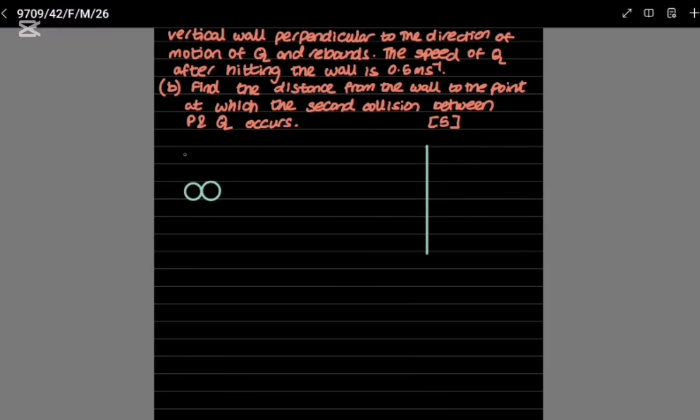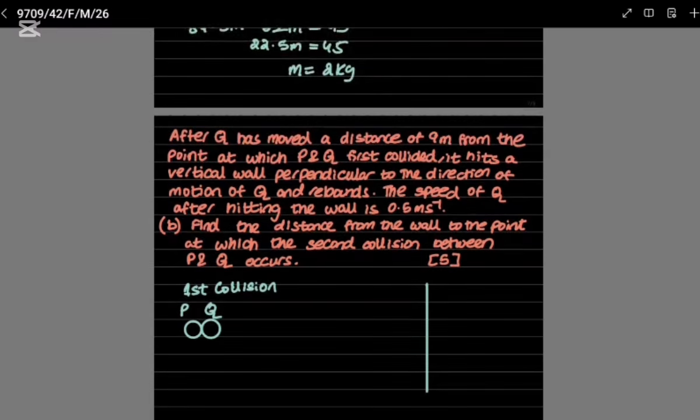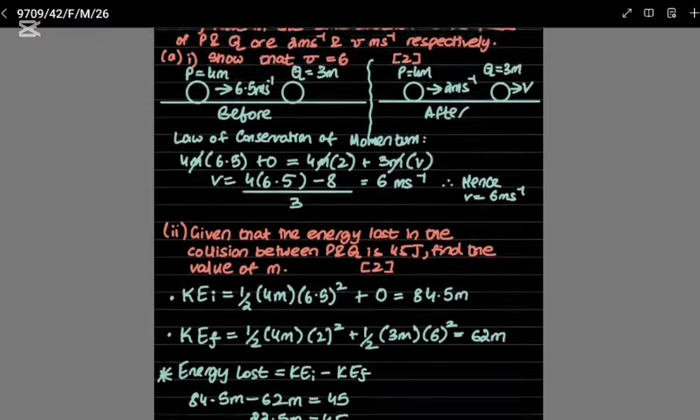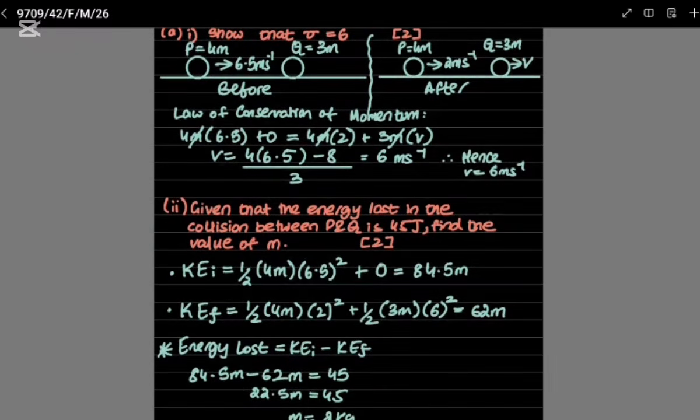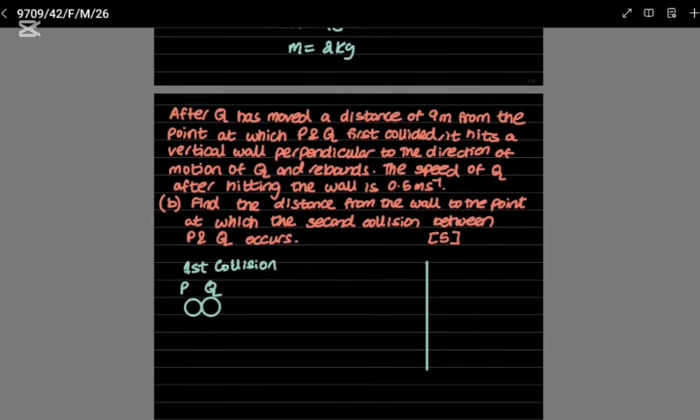So this was the first collision. This is P, this is Q. After the collision, P moves at 2 meters per second and Q moves at 6 meters per second.